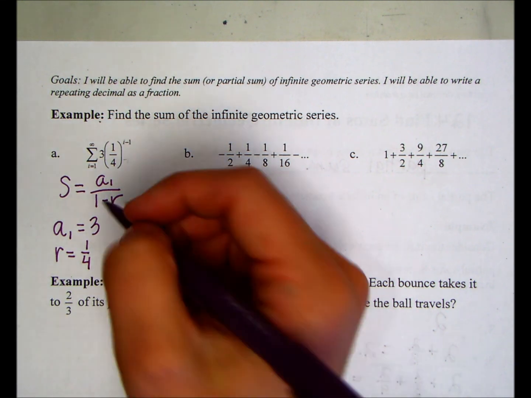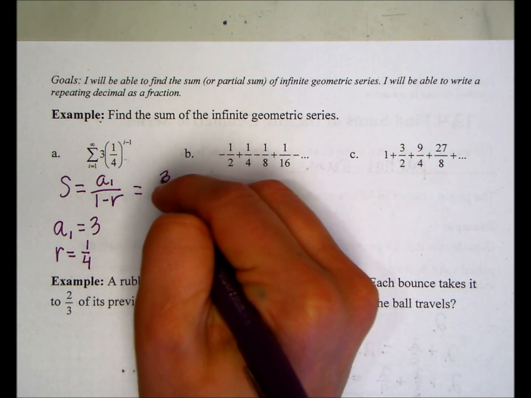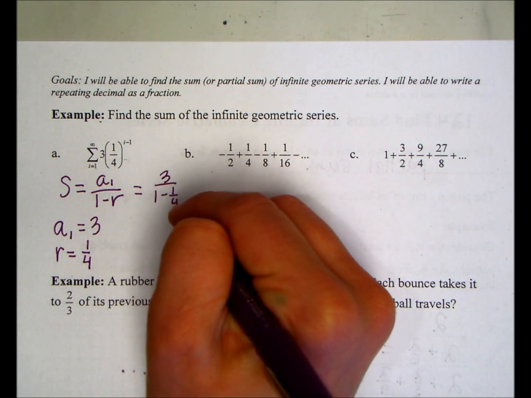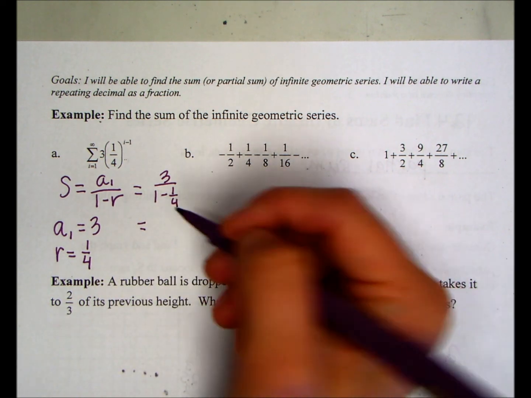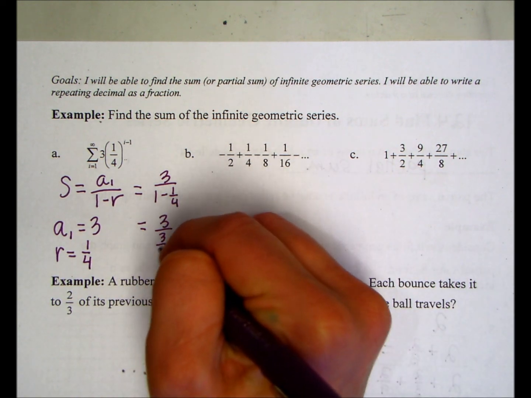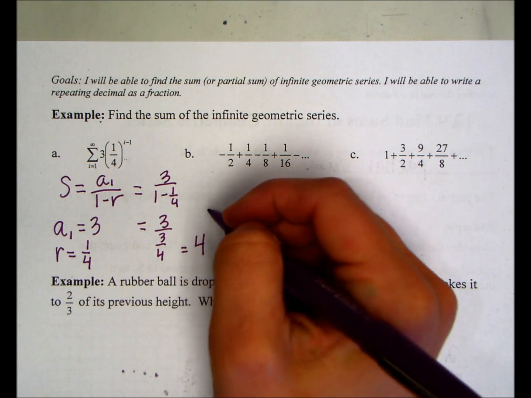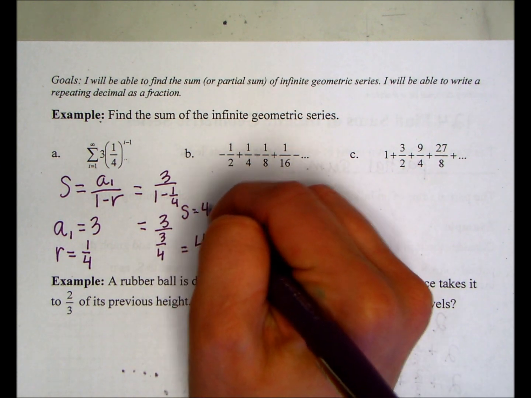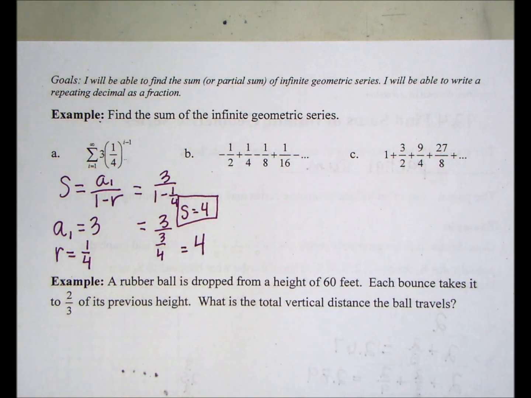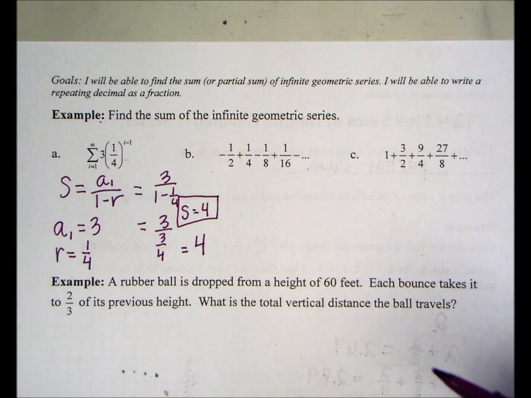So when I plug that in, I get 3 over 1 minus 1/4, which is 3 over 3/4, which just simplifies to 4. So this infinite geometric series approaches 4.